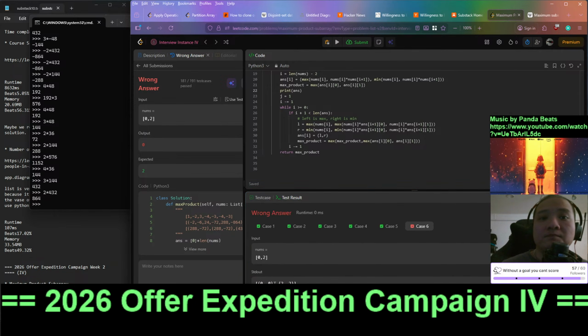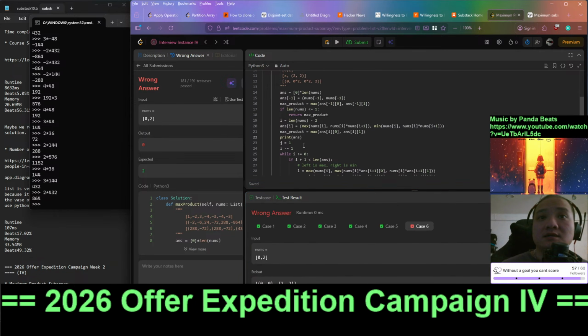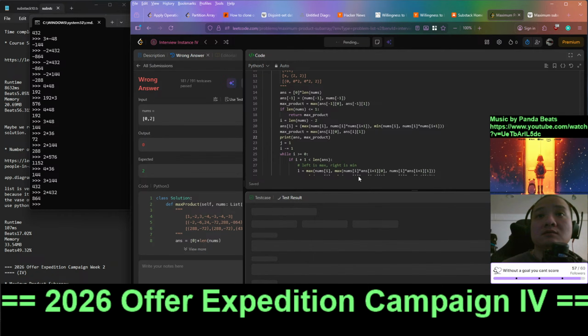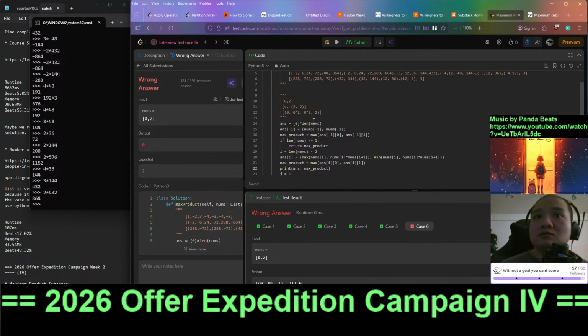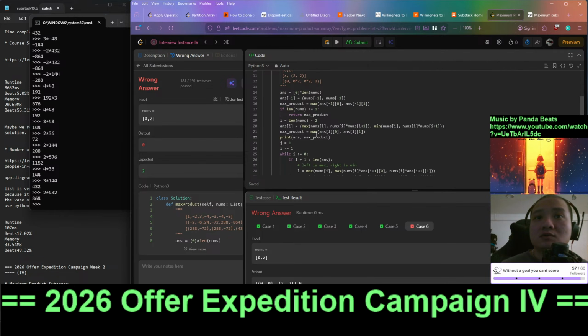You see here, we basically match product. Zero. So we have, oh, we multiplied it by 0, right? So which is giving us the wrong one, right?